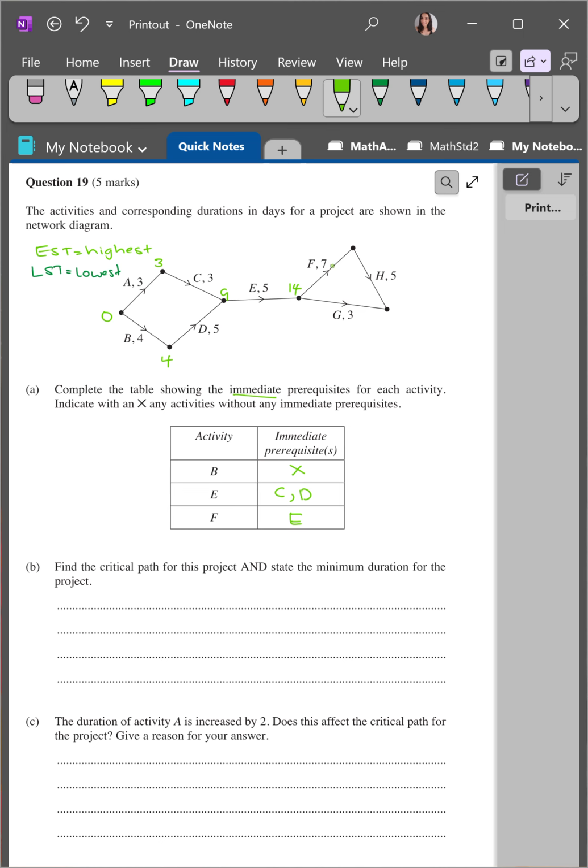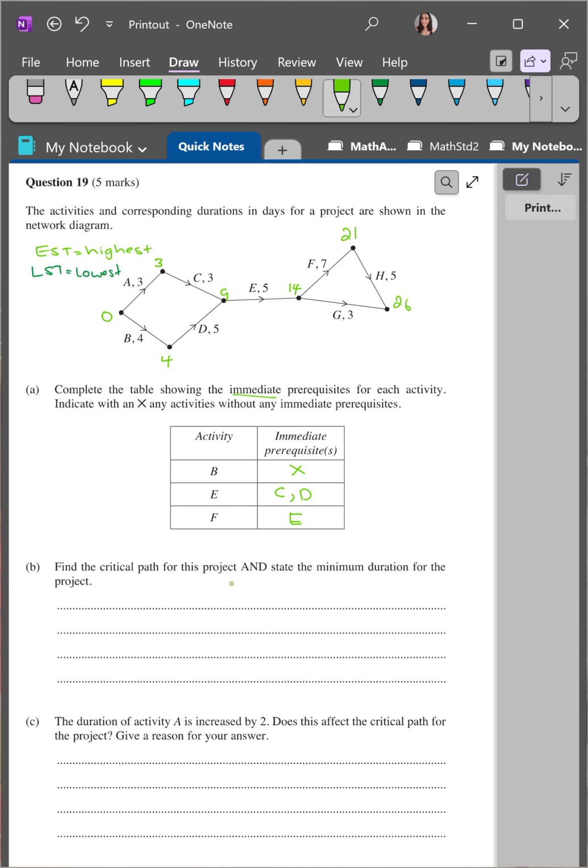And then 14 goes out to F or G, so if we go up F, that's 7, so this will be 21. And then over here, this node here has 2 lines going into it. So if we went from 14 through G, that would be 14, 15, 16, 17, or 26 if we go through H. So because we want the highest, we're going to take 26.